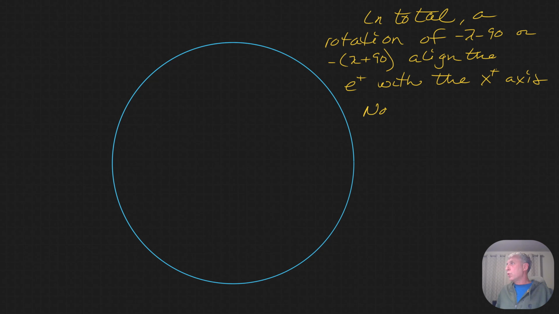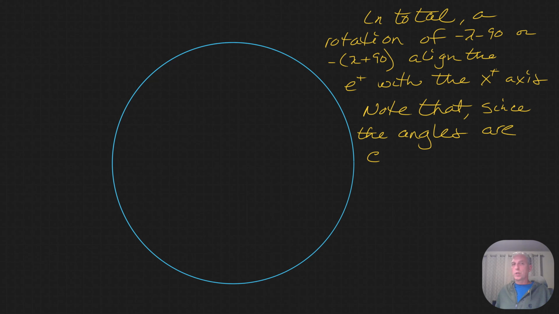And then note that since the angles are cyclic, meaning that once you measure an angle through a full circle, the degrees start over again, right?